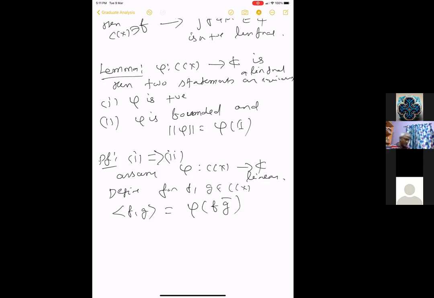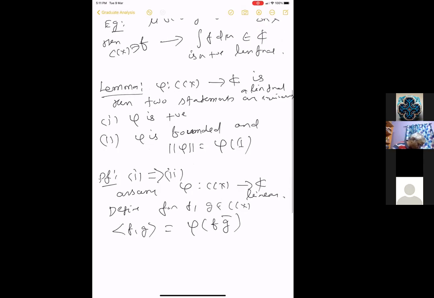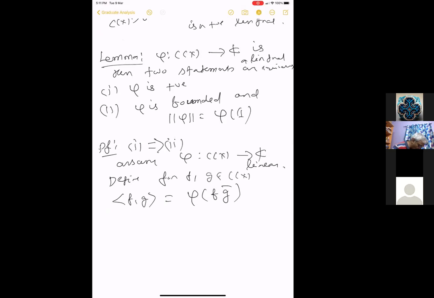Okay, phi of f g bar. So this is not an inner product, this is a semi-inner product. This is clearly linear in f, conjugate linear in g, and it's positive.